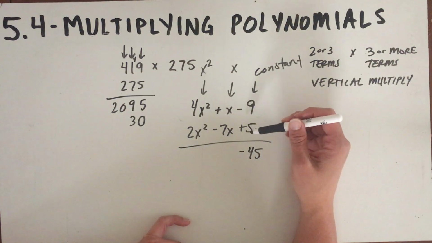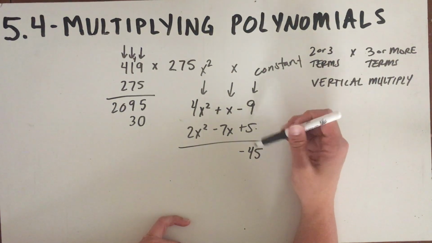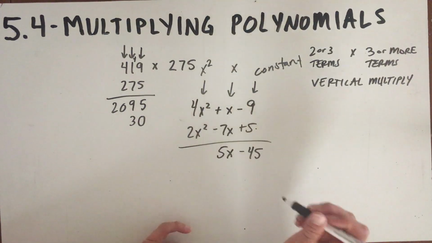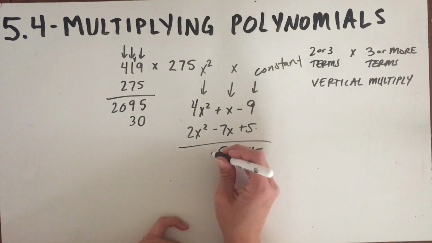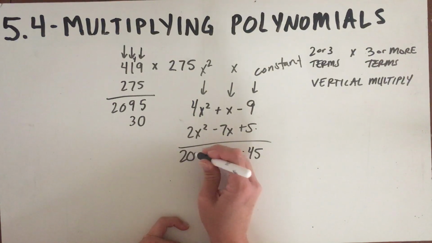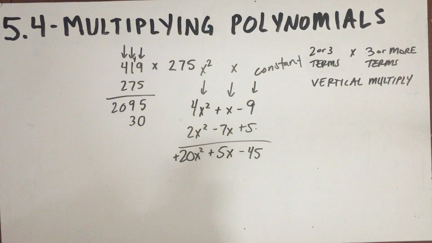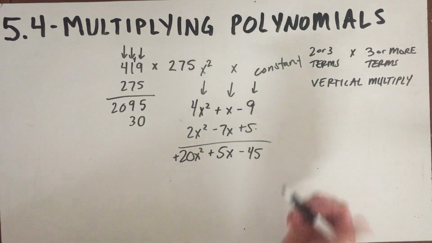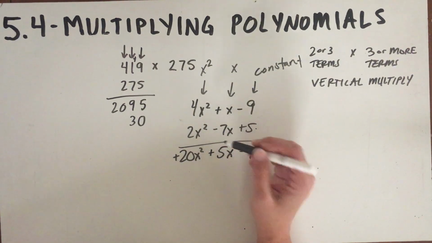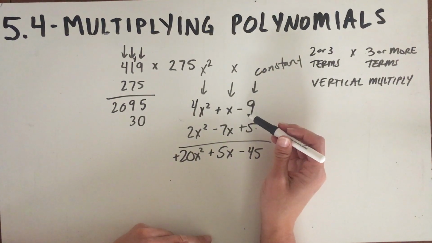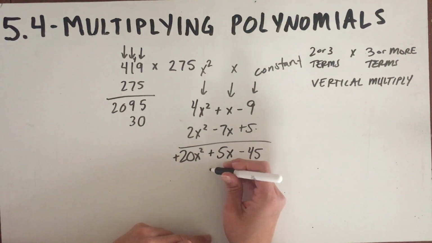So now I'm going to take the 5 and multiply it by everything. Well, 5 times negative 9 is negative 45. 5 times x is 5x. 5 times 4x squared is a positive 20x squared. I always write the sign, so when we add them together, we can do that easily. Now I'm going to move over to this negative 7x. Because I'm multiplying a negative 7 times a negative 9, I get a positive 63.